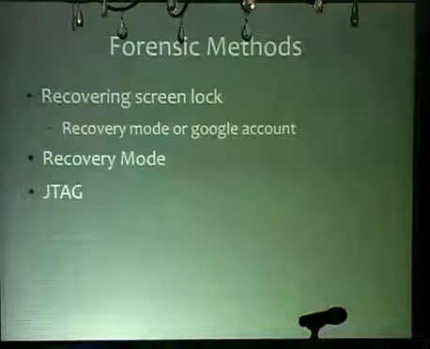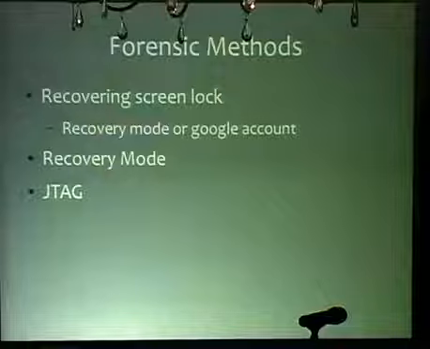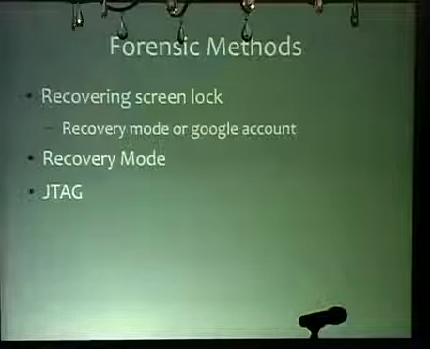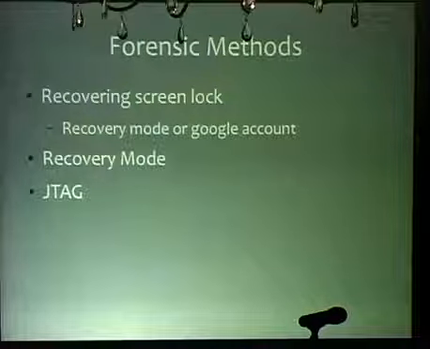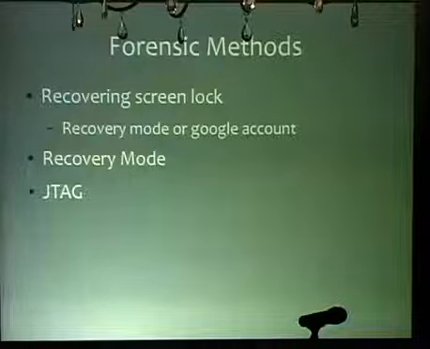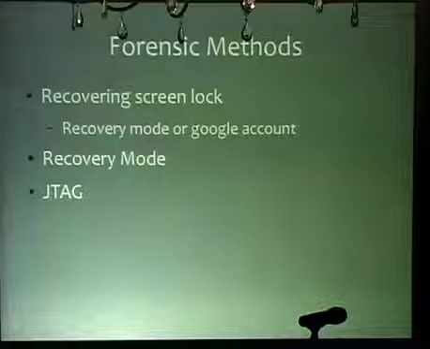So the general forensic technique, for those of you that don't know, is to make a pristine dump of the memory of your phone. This can be accomplished in a couple of ways with software forensics tools, by first recovering the screen lock through various methods, either by the phone being on with Android Debug Bridge turned on, or by booting into recovery mode.